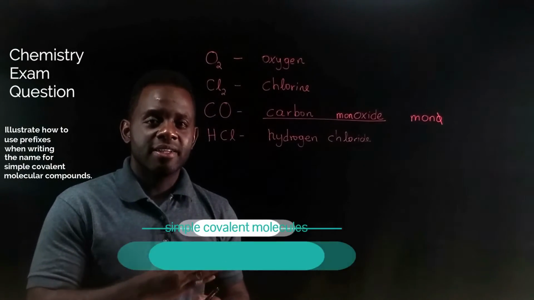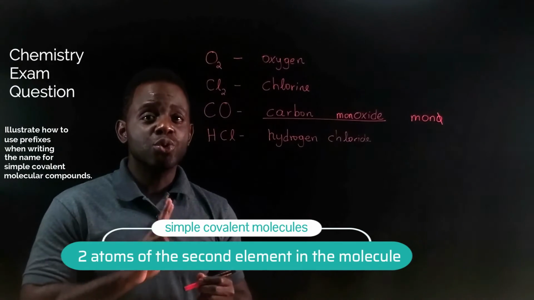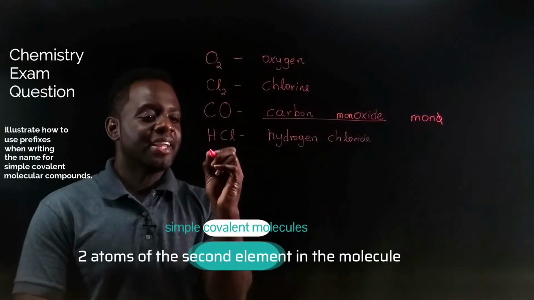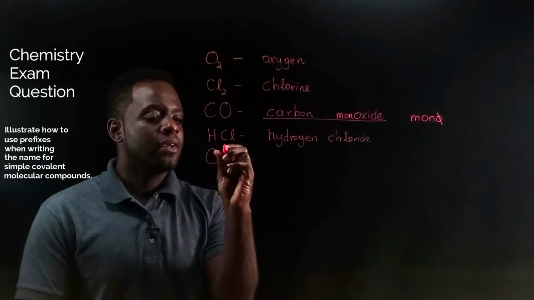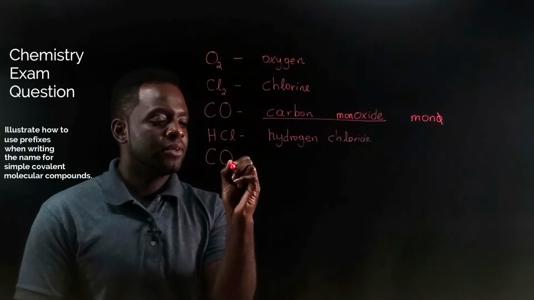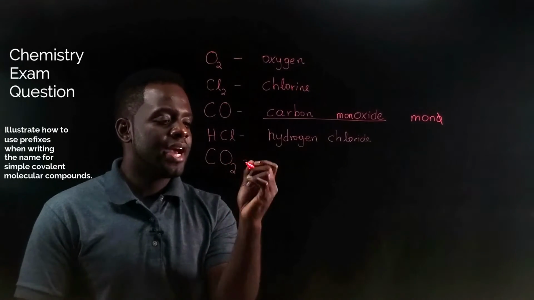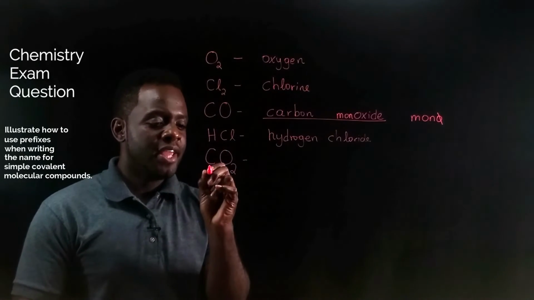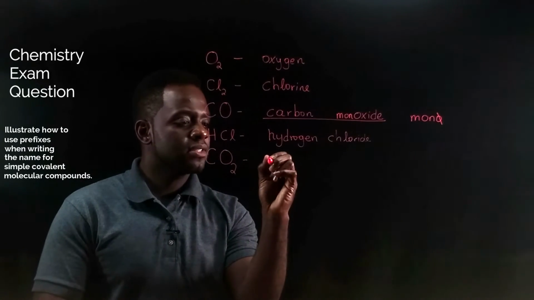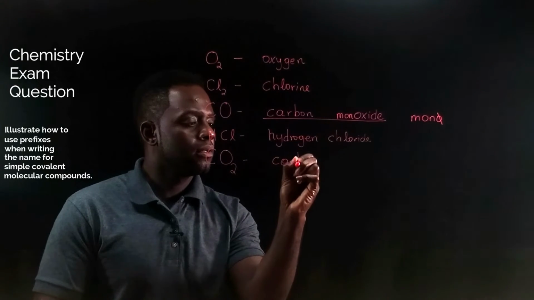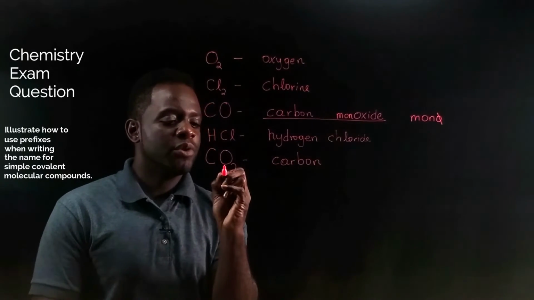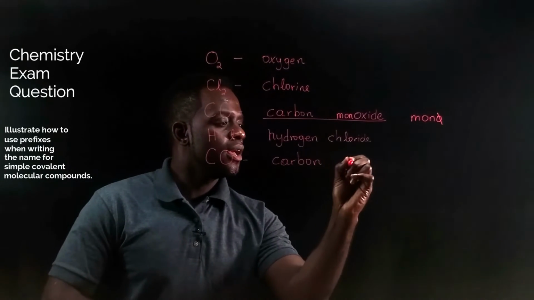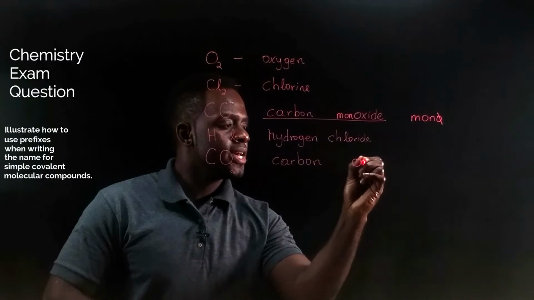Now let's look at an example when there are two atoms of the second element in the molecule. For example, again, carbon and oxygen, but this time two oxygen atoms in the molecule. We write the name of the first atom, which is carbon, and we write the name of the second element, but this time with the suffix IDE, so oxide.